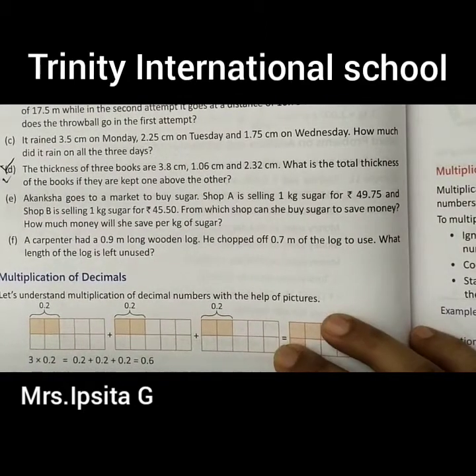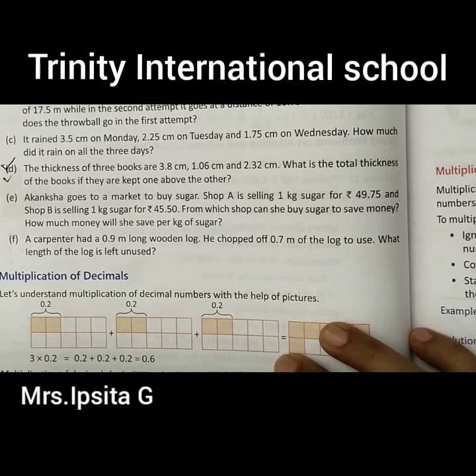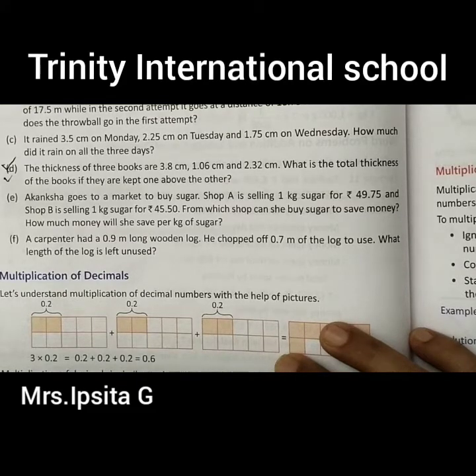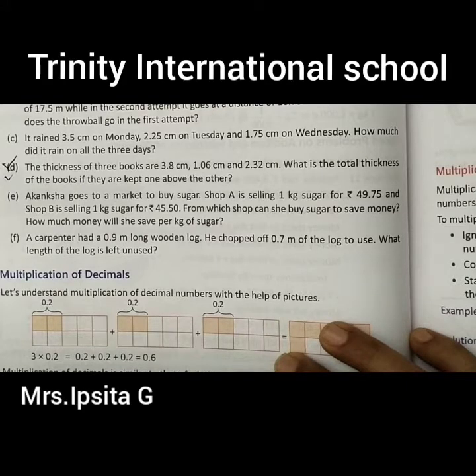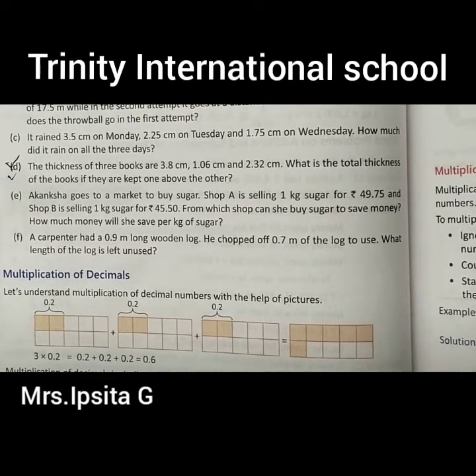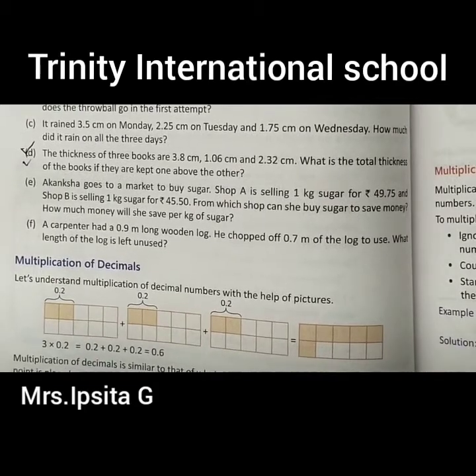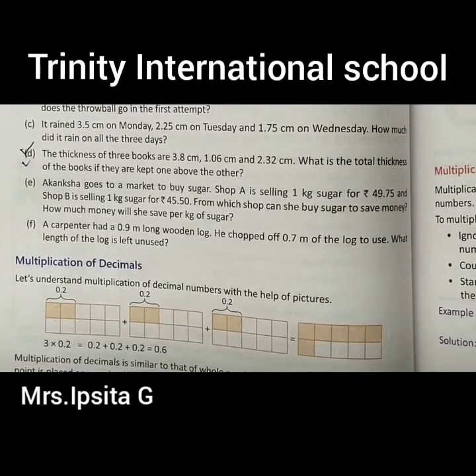Third question, it rained 3.5 centimeter on Monday, 2.25 centimeter on Tuesday and 1.75 centimeter on Wednesday. How much did it rain on all 3 days? So you have to write the statements. The rain on Monday is equal to 3.5 centimeter.